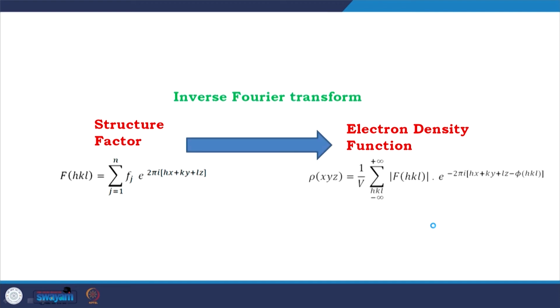So, to convert the structure factor to the electron density function, we have to perform an inverse Fourier transform.